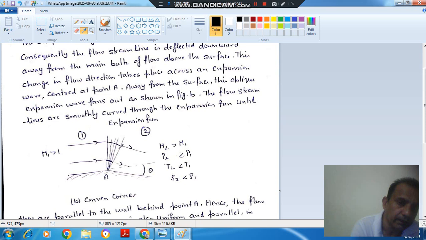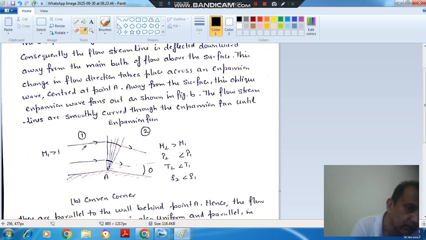Okay. And here there is not a single shock wave. There will be an expansion wave which will diverge from point A like this and become like a fan, and the initial Mach number is more than 1.